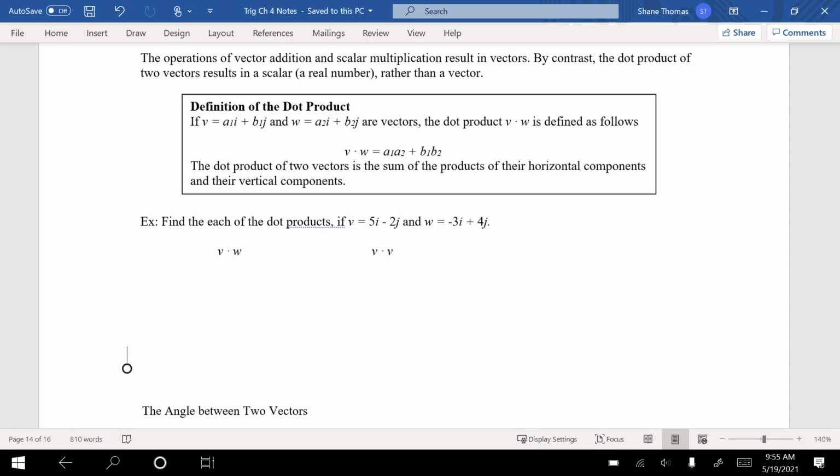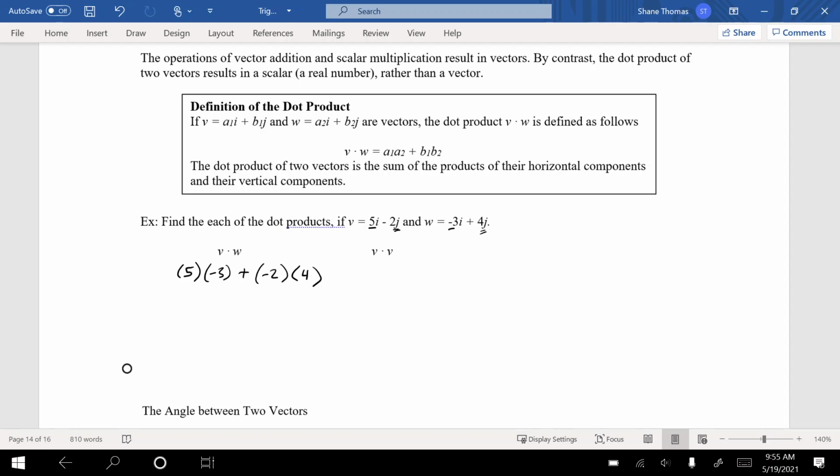So my v term, 5 is my i term there, and -3, plus -2 times 4. Okay, 5 and -3, -2 and 4. Just be careful with the negative signs and the subtractions.